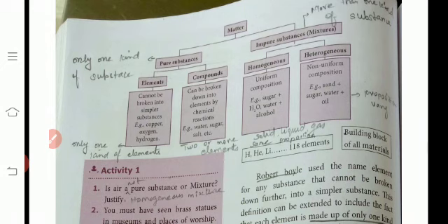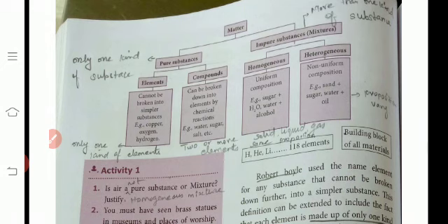Compounds contain two or more kinds of substances. Elements cannot be broken into simpler substances. For example, copper, oxygen, hydrogen. These are not broken down. This is an element.